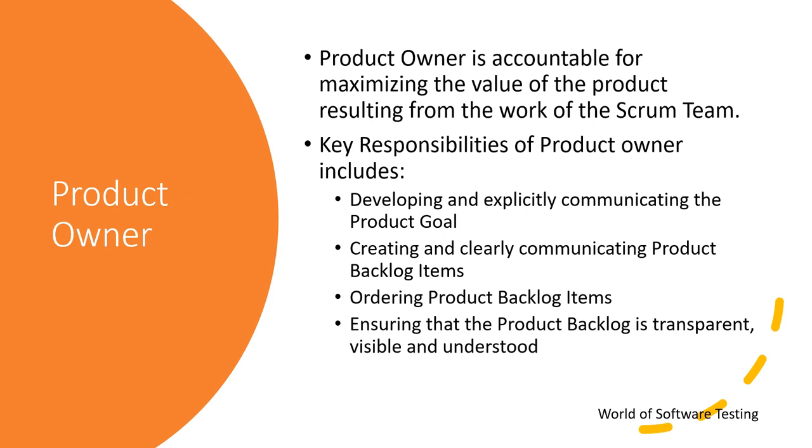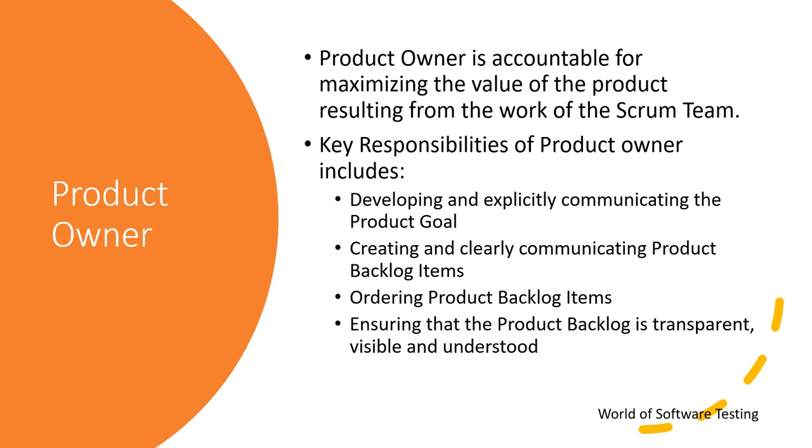The product owner is accountable for effective product backlog management, which includes developing and explicitly communicating the product goal, creating and clearly communicating product backlog items, ordering the product backlog items, and ensuring that the product backlog is transparent, visible, and understood.